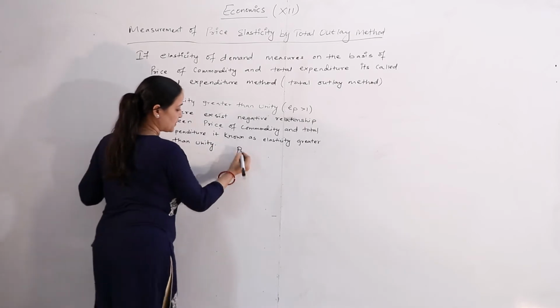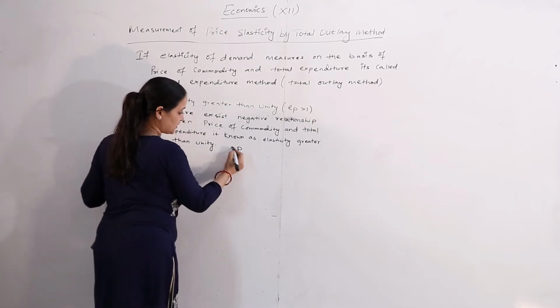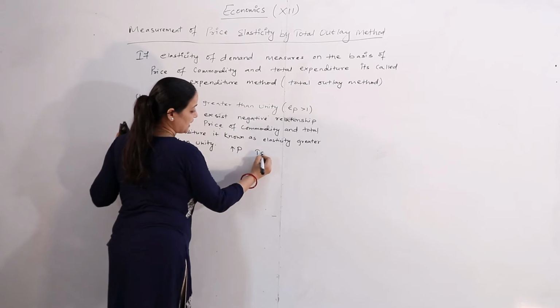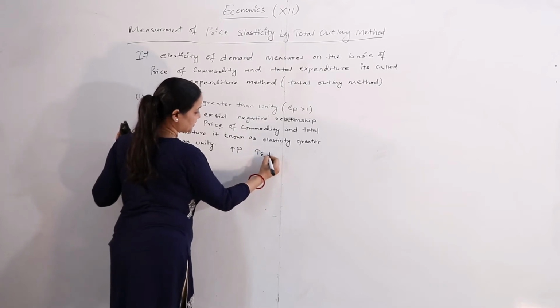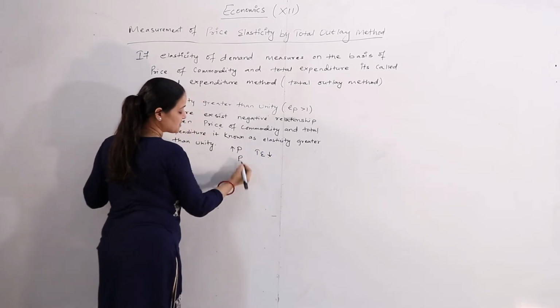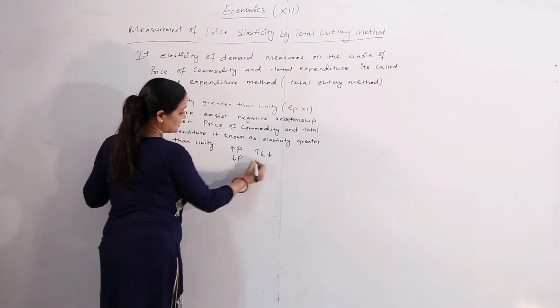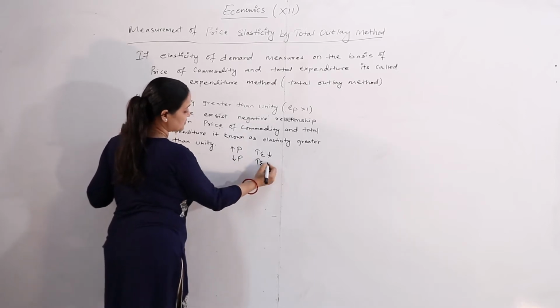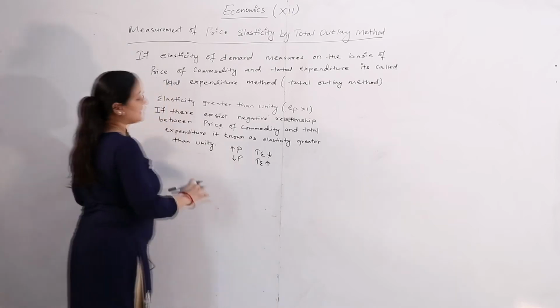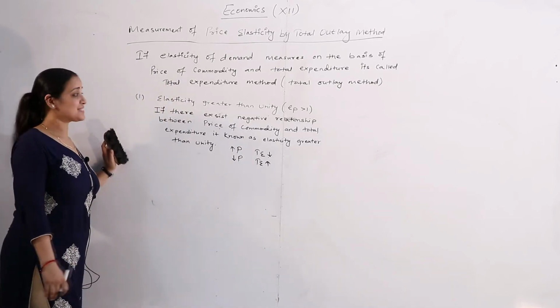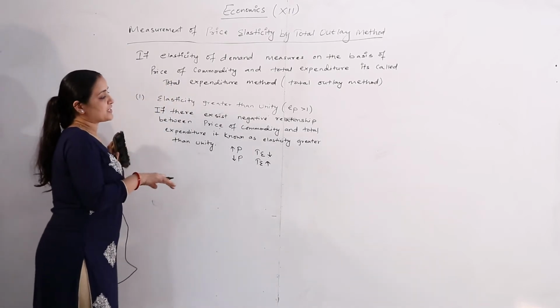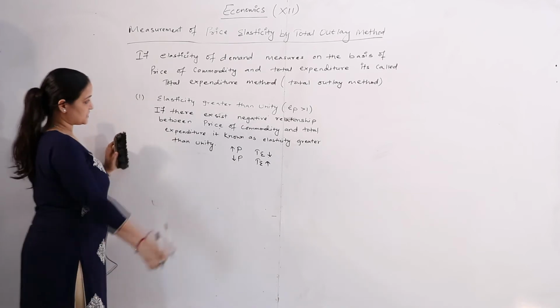It means when the price of the goods and services increases, the total expenditure on the commodity decreases. When the price decreases, the total expenditure on goods and services will increase. Here is the inverse relationship between the price and total expenditure.